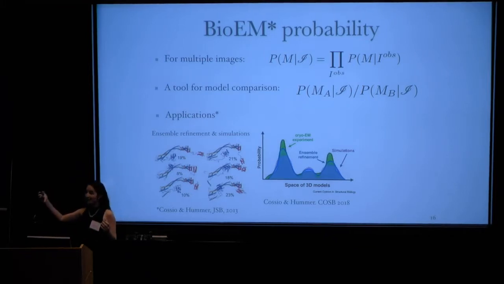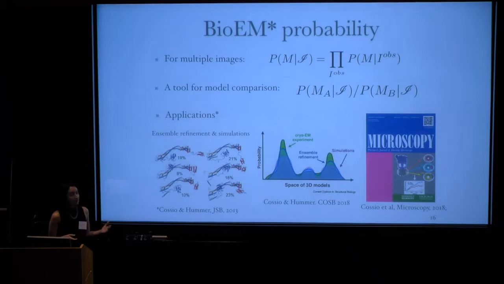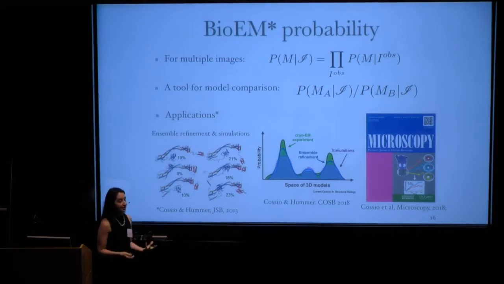So you have an ensemble of structures from your simulations, and what you want to do is you want to reweigh the ensemble so it matches your data best. We have also used this for determining the stoichiometry of proteins embedded in large super complexes where you have low resolution structures and you can't know how many copies of the proteins of your system are.